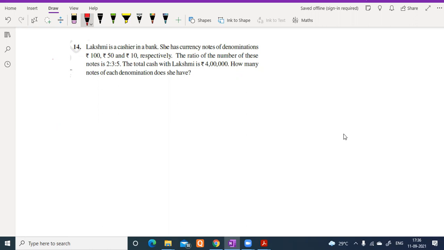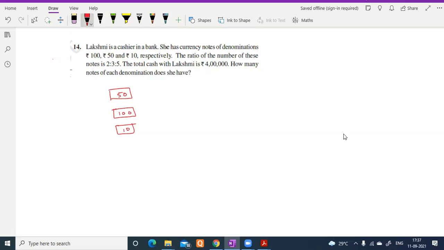Okay. So first let us understand the question and later we will solve it. As you have seen, there will be 50 rupee notes, and you would have all seen 100 rupee notes and 10 rupee notes. Let's assume that these are the notes for now.